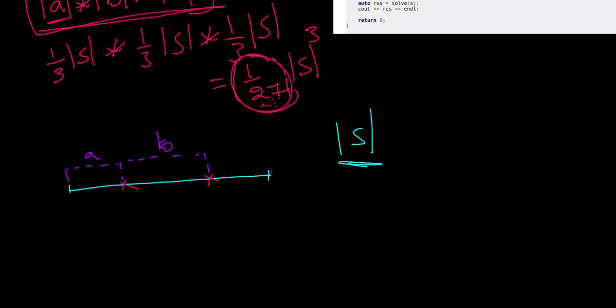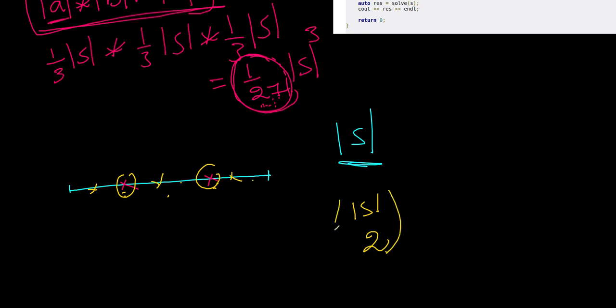Now the problem becomes how many combinations we can pick these 2 points so that we can form the three sections here, and this is the length of S combination 2.